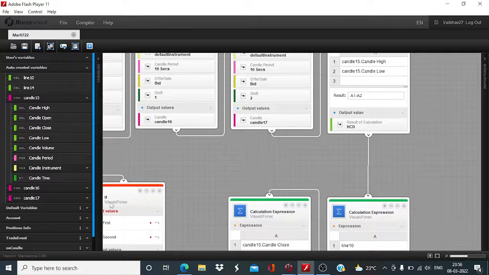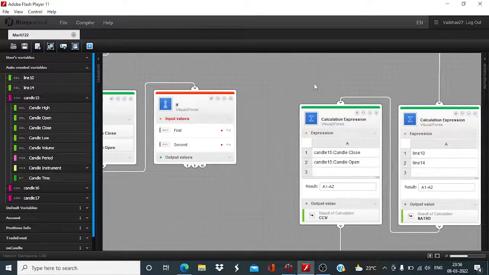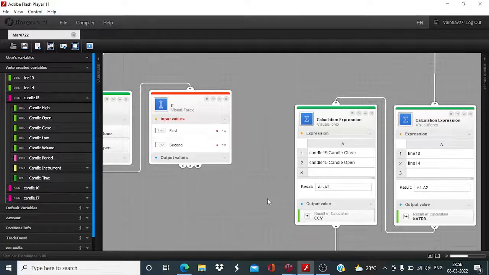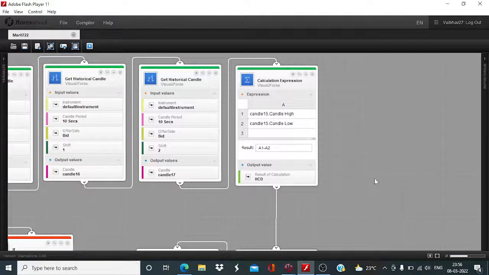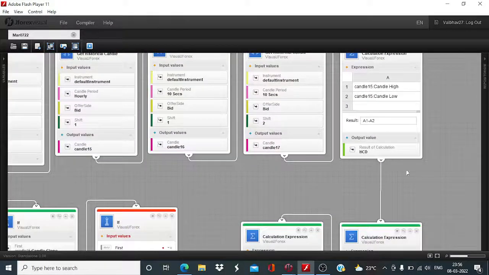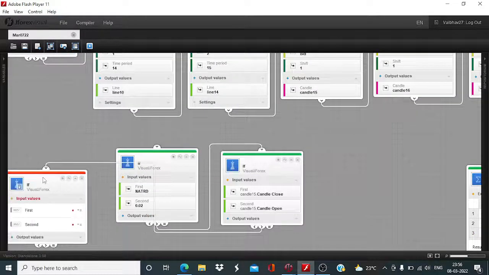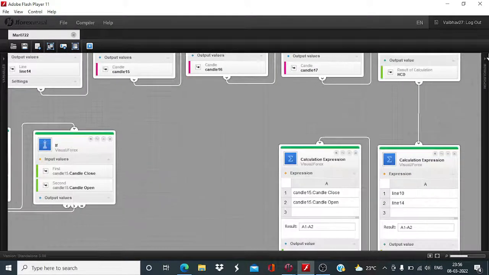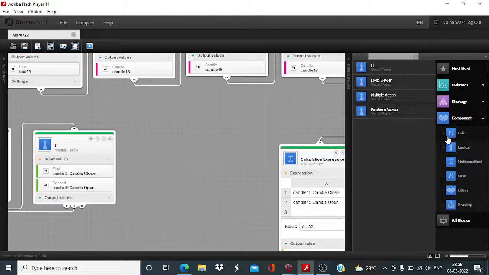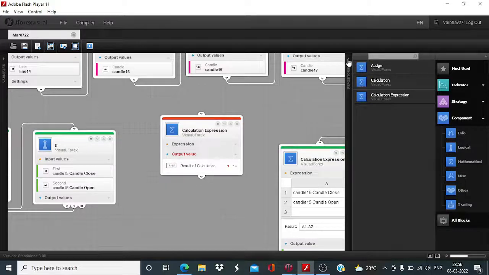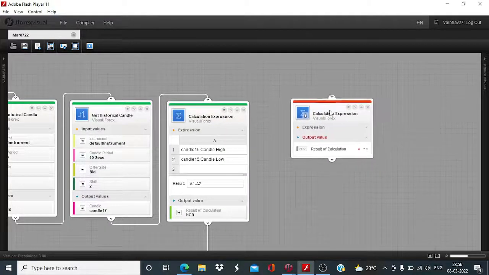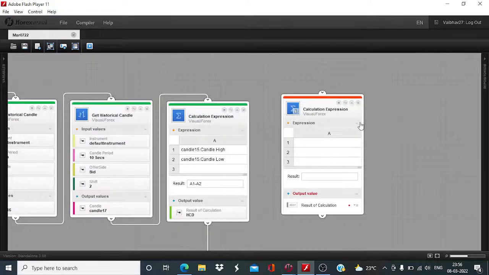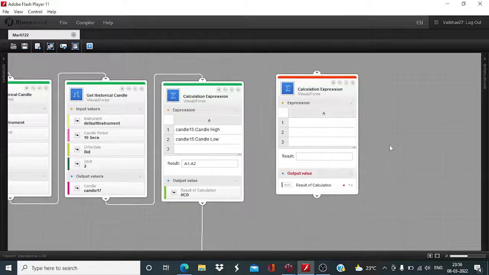Then we look at the difference of the high and the low, and I think one more calculation expression block is needed straight away to multiply this actual difference by 0.5, or you can divide it by 2. Anyways, it will work.